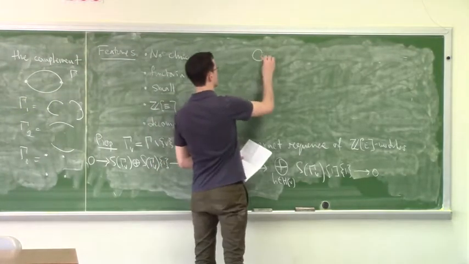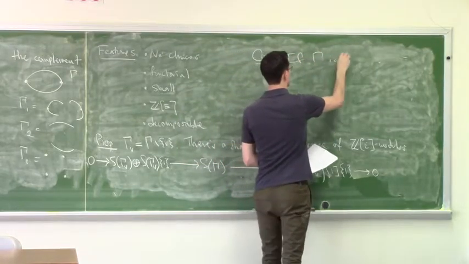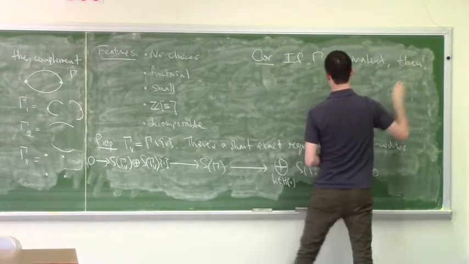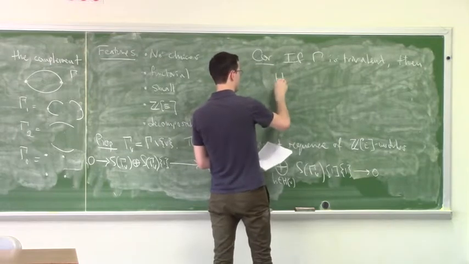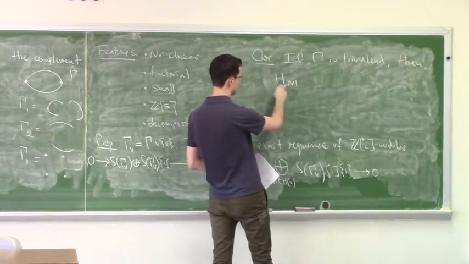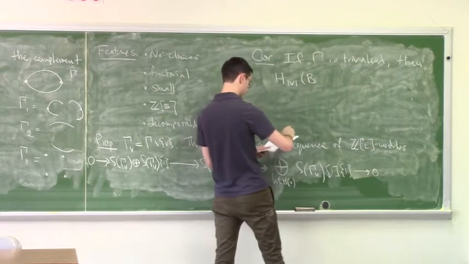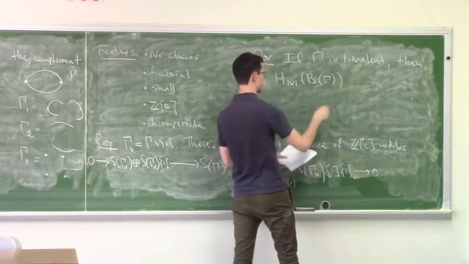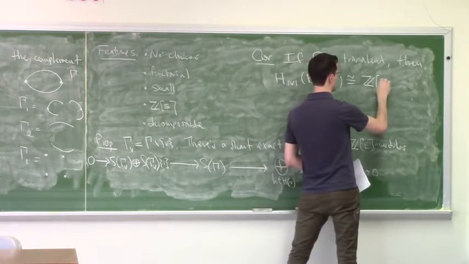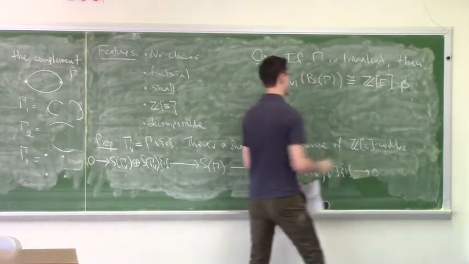So you just write a corollary. Suppose gamma is trivalent. Then we can compute the top homology of the configuration spaces, the homology of degree number of vertices, of gamma. And what we get is that it's freely generated over the edges by a single class beta.